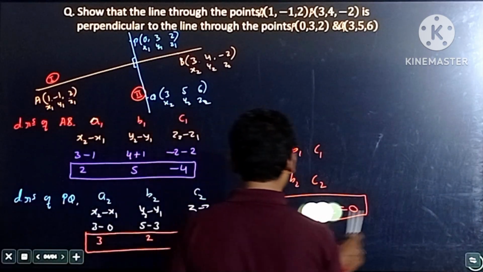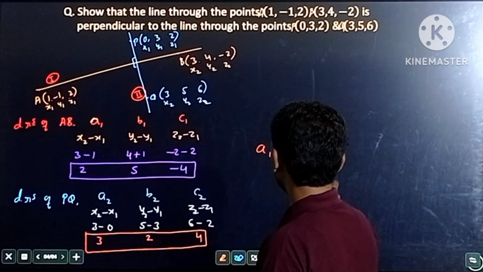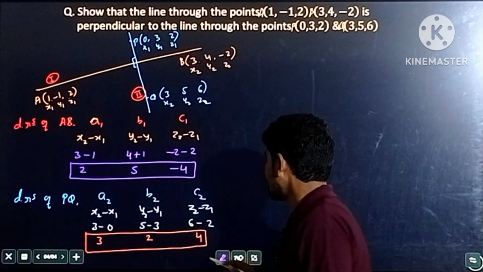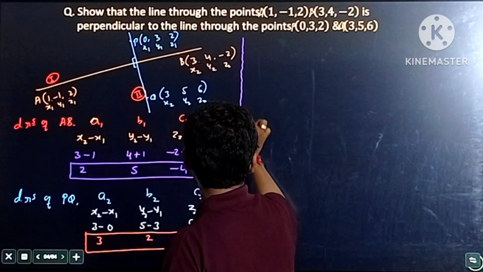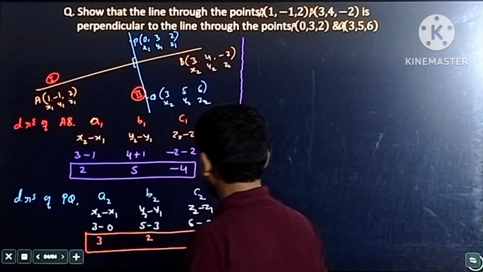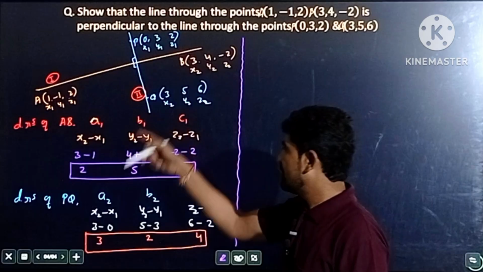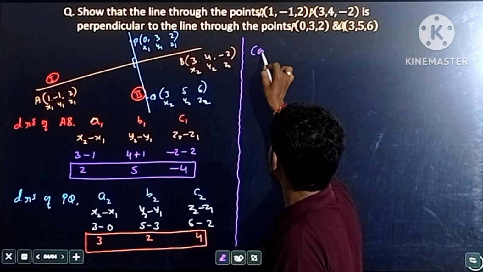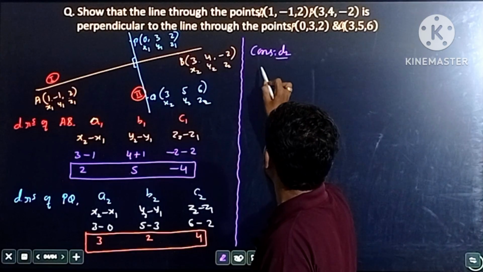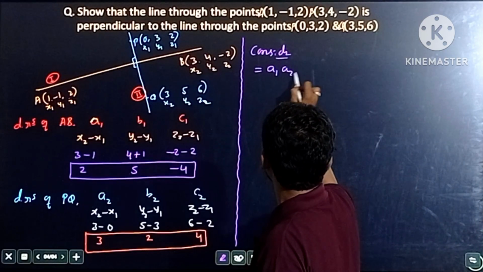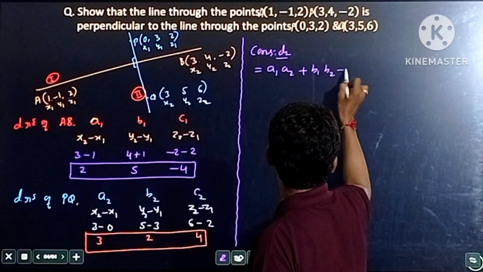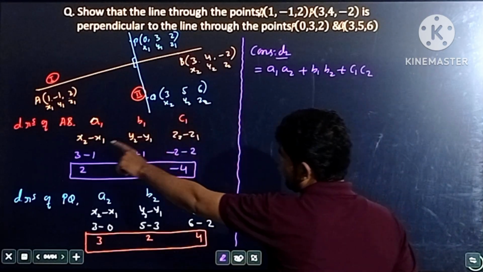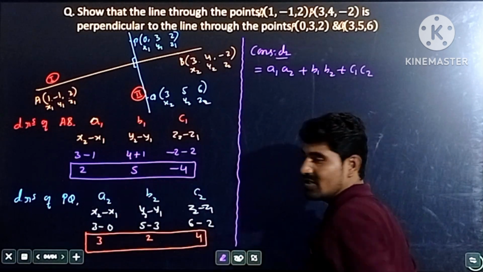I hope all of you are understanding. Now apply the condition of perpendicularity: A1 A2 plus B1 B2 plus C1 C2. If it is equal to 0, then these two lines are perpendicular to each other. So to verify this, consider A1 A2 plus B1 B2 plus C1 C2, where A1 is a direction ratio of the first line and A2 is a direction ratio of the second line.